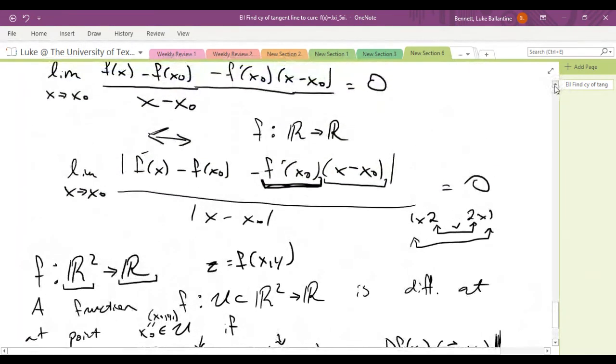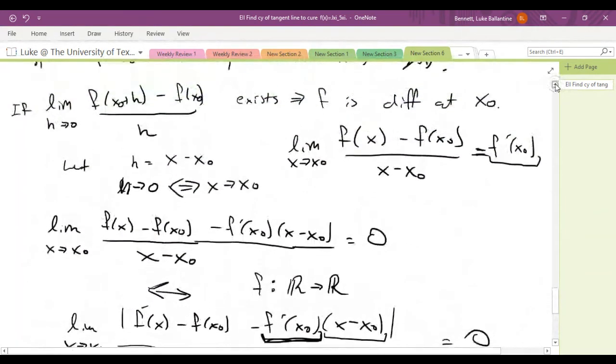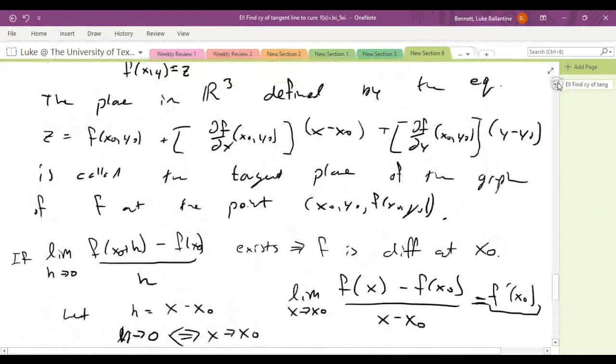But you don't want to use this bulky equation every time, and in this class you don't even really need to.